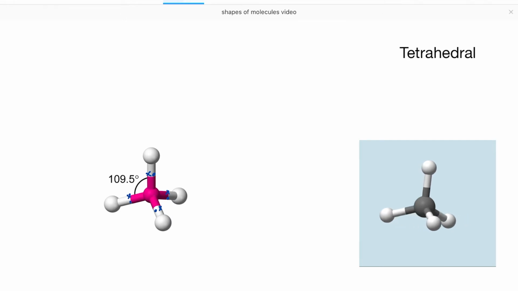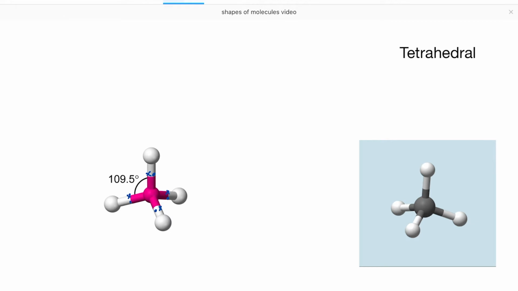Electrons are all negatively charged, so if these pairs of electrons move to minimise repulsion between them in 3D space, we end up with a bond angle of 109.5 degrees. And this is common for all molecules where we've got 4 bonding pairs of electrons around a central atom.